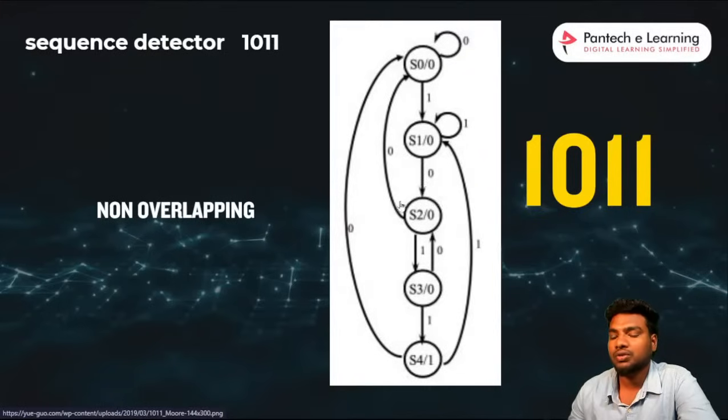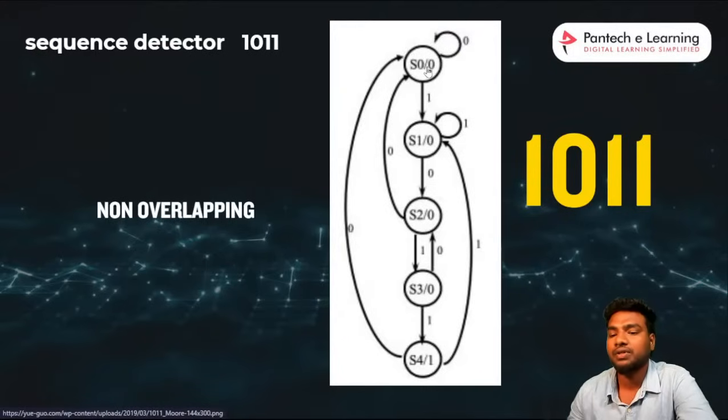Why S2? Because S2 state has the 1, so the next sequence can be like 1 0 1 0 1. If it is 0, it will move to the S2 state, because S2 has the 0. So there is another chance: 1 0 1, a chance to get the sequence again. If there is no chance to get the sequence again, you have to start from the beginning only.